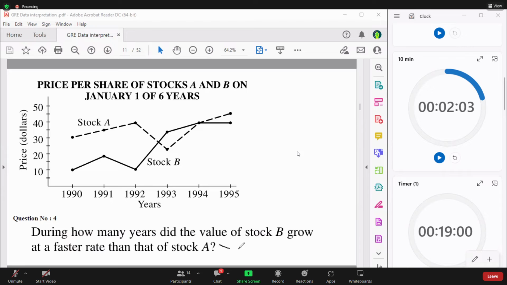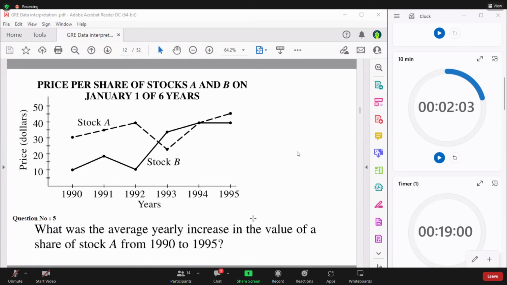So here, the rate is not greater, and this is obviously greater, and the first year, yes. Slope of the line. Great, nice.